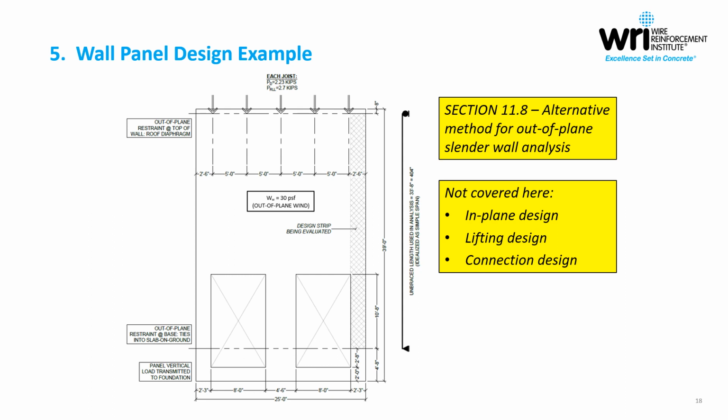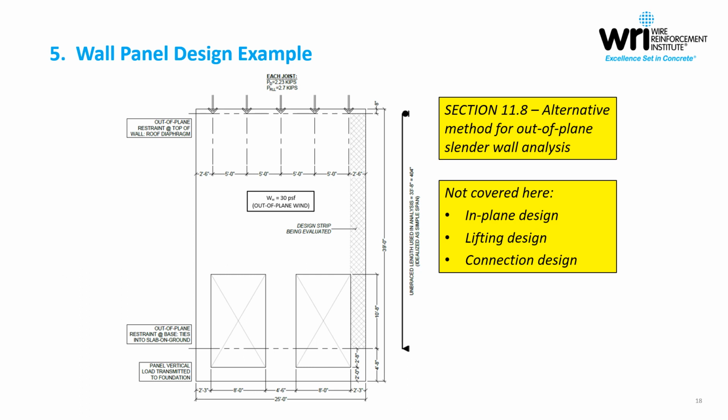Loading is incurred at the top of the wall via, in this case, very likely bar joists. Short little 8-inch parapet up there. Out-of-plane restraint is provided at the top of the wall via the roof diaphragm. Out-of-plane restraint at the base is via the tied connection to the slab on ground. And then, of course, panel vertical loading is transmitted to the foundation.